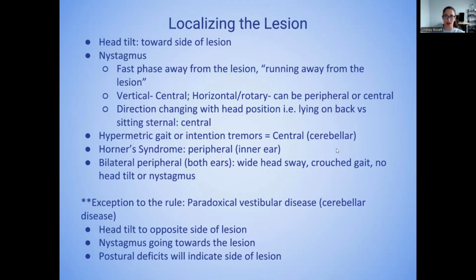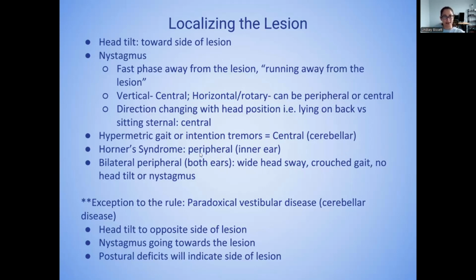That is common in a cerebellar lesion. My own personal dog had cerebellar vestibular disease secondary to an immune-mediated meningitis. So we'll be talking about her next week, and I'll go over her weird cerebellar symptoms.